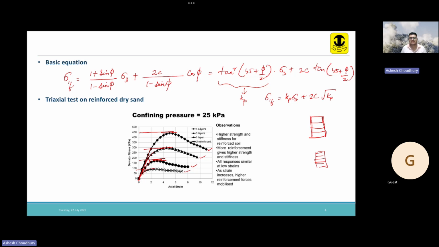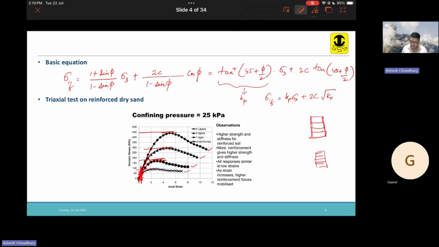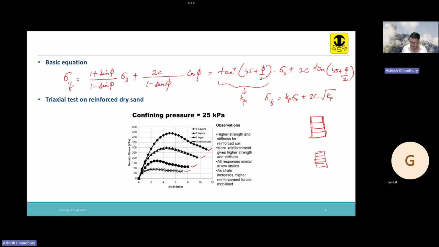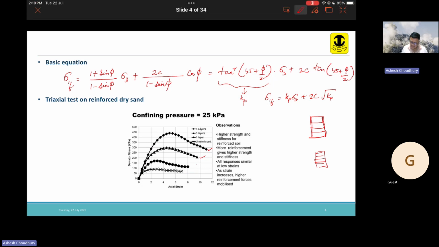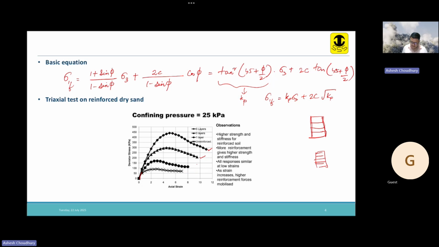All responses are similar at low strain level. But at very initial low strain level, say in this region, the responses are almost the same, right? The behavior is almost the same because as the strain increases, there has to be mobilization of the forces in the reinforcement.